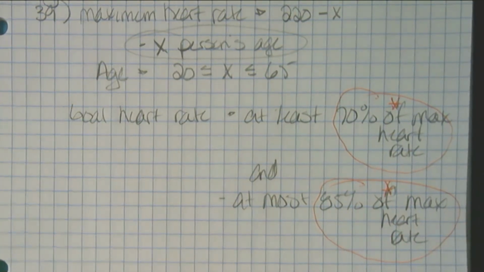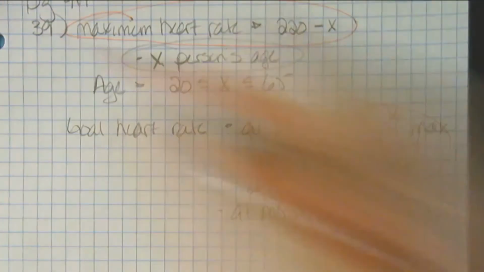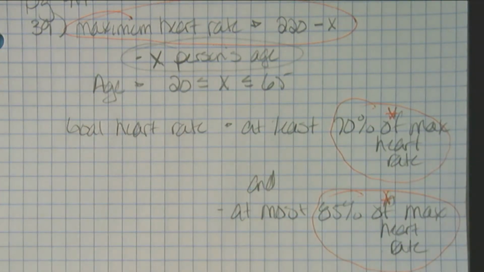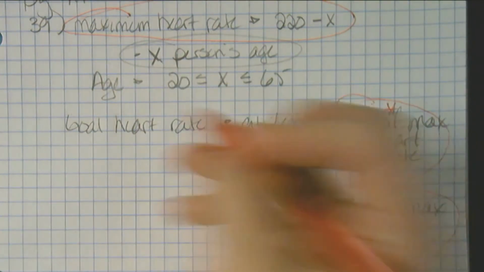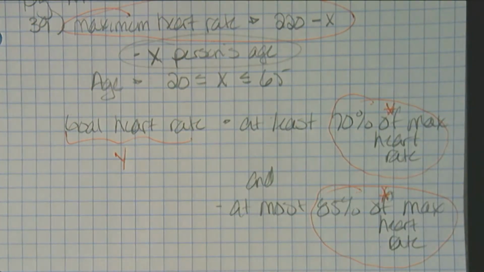You might ask, well, what's the maximum heart rate? The maximum heart rate is that expression. While it is not a number, it is an expression. So that means the other variable is our goal heart rate, because it's the only other thing we don't know.